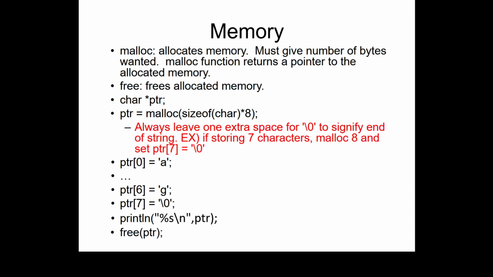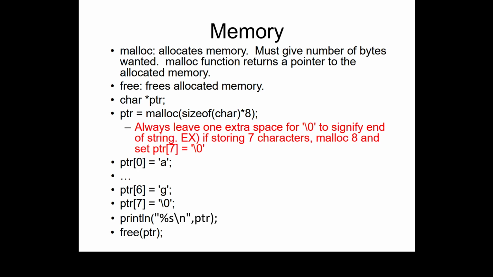Now this 8 could be any variable you want it to be, and I'm just using 8 as this example here. But it's important to note that whatever number you put here, you want to make sure it is one more than the actual amount of data you want to store, so that you can add that typical convention, the \0 escape character at the end of your string, to signify the end.